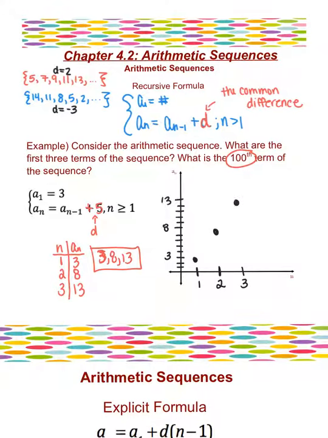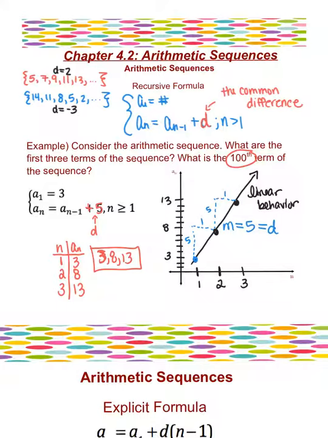I notice that because I'm always increasing by 5, I see this linear behavior. If I were to calculate the slope, the rise over run, I'm rising 5 and I'm running 1 to get to the next term of my sequence. So the slope of this line is 5, and 5 is also the common difference.